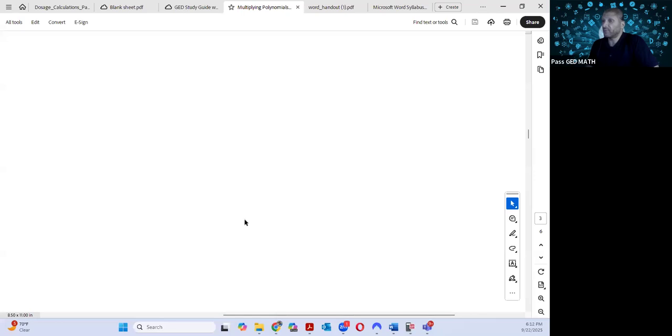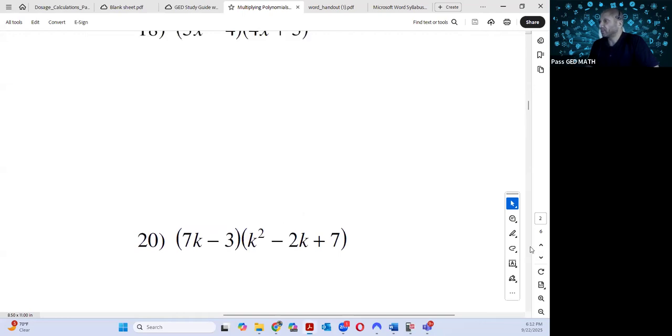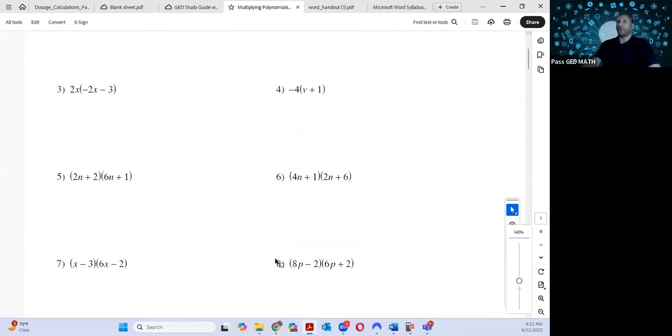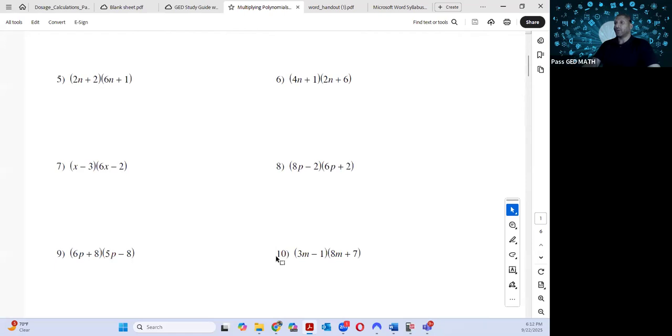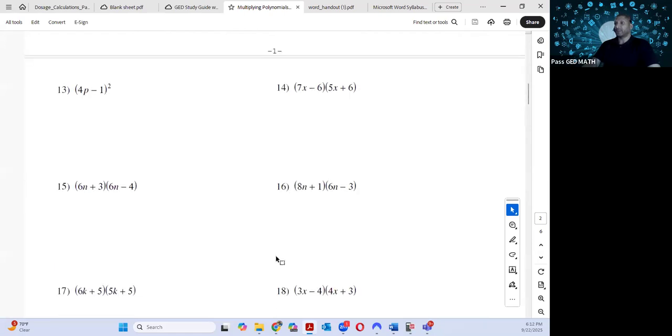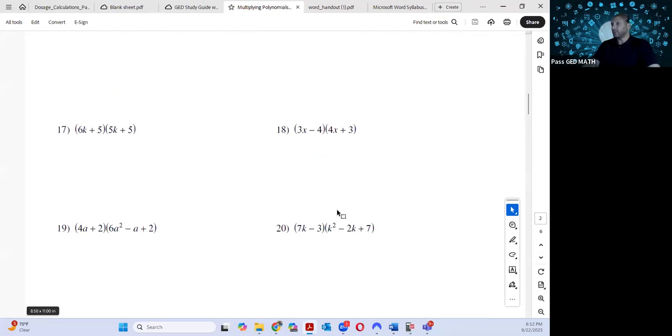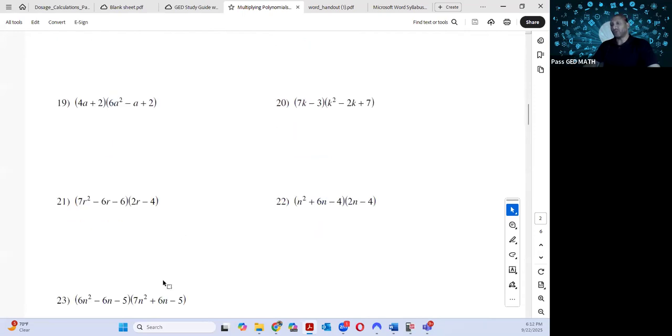The first, let me reduce my zoom here. So you should easily be able to do up to like 18. You should be able to do 19, 20, 21, 22, 23.